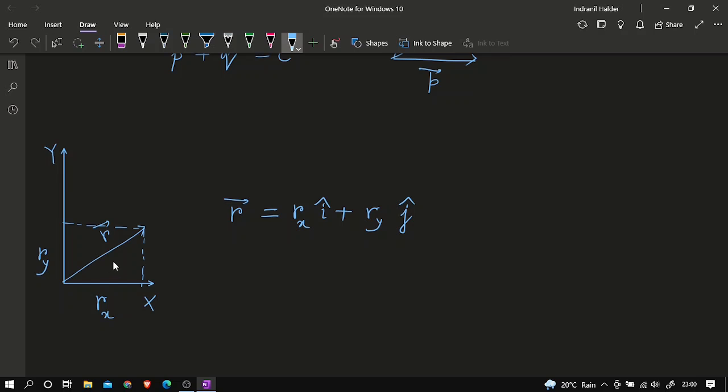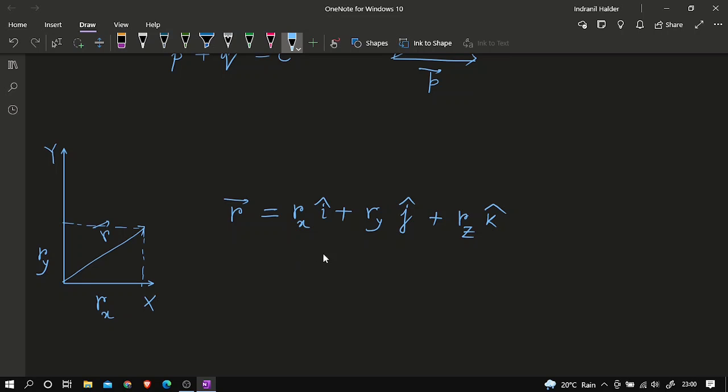If it is three dimensions, then we simply have plus rz k cap. It is very simple, and that's why we need to know about the components of the vector, because by the components representation we can construct a vector and we can represent a vector in the Cartesian coordinate system or in any kind of coordinate system.